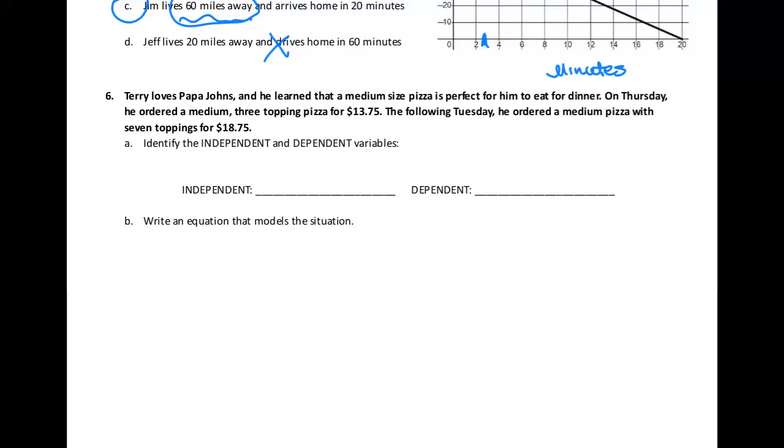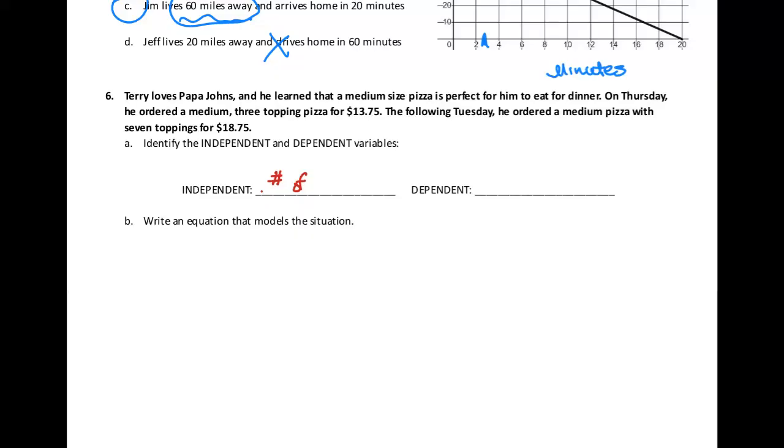Size of pizza? Well, they're both the same size. I don't think it's size. I'm going to say independent, I think, because they're medium. The independent variable is not toppings. I think it is. I think it is number of toppings. Is it not? I'm going to say number of.